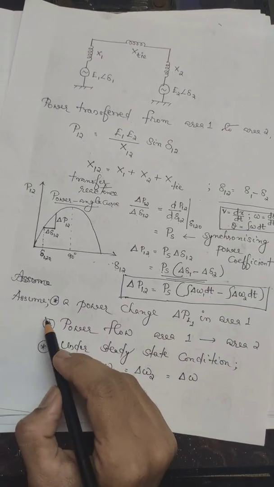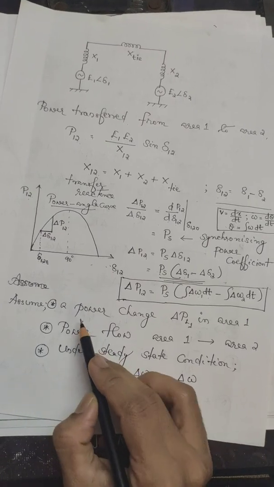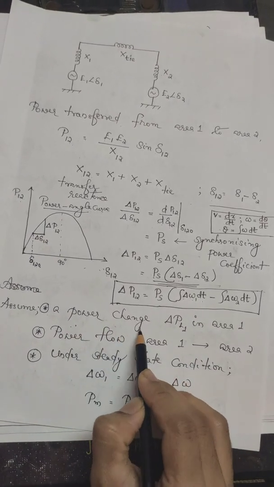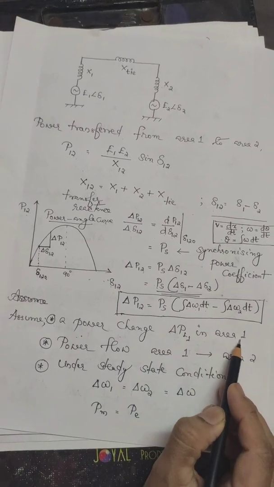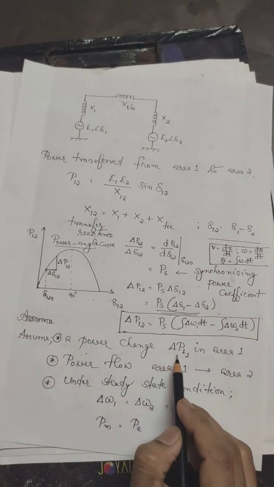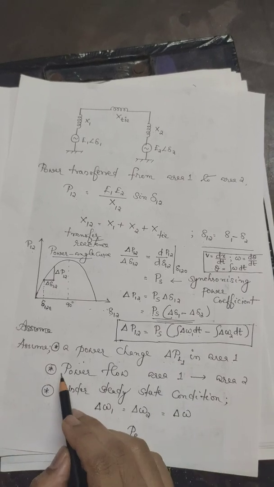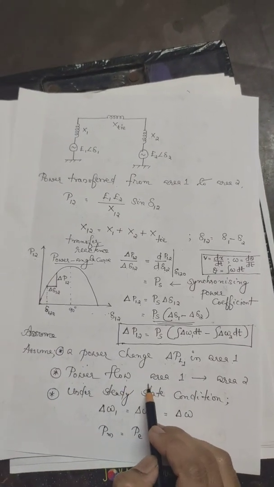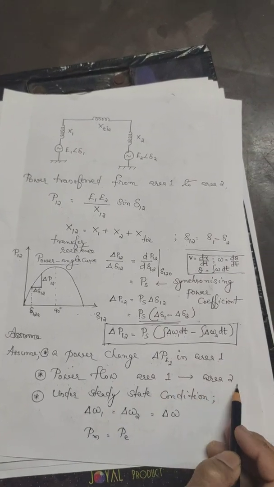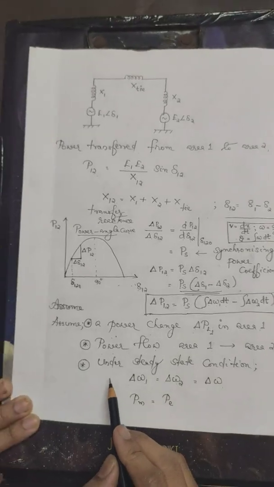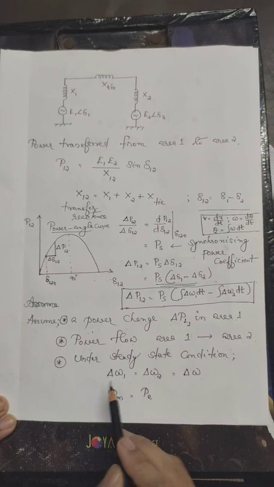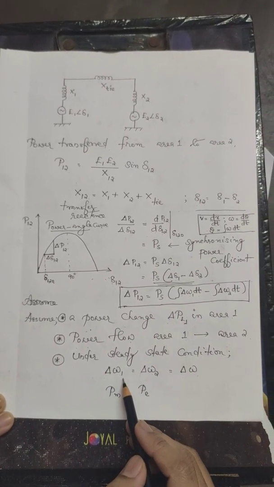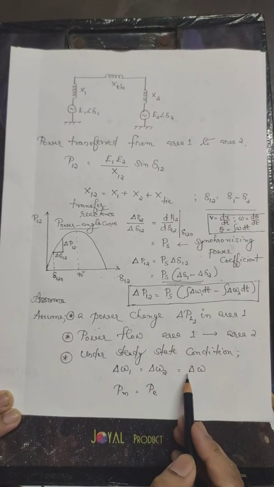So now assume we have a double area system and there is a power change occurring in area 1, which is denoted as delta PL1. And another assumption is that the tie line power is flowing from area 1 to area 2. The third assumption is that under steady state condition, the frequency deviation of both the areas are the same.